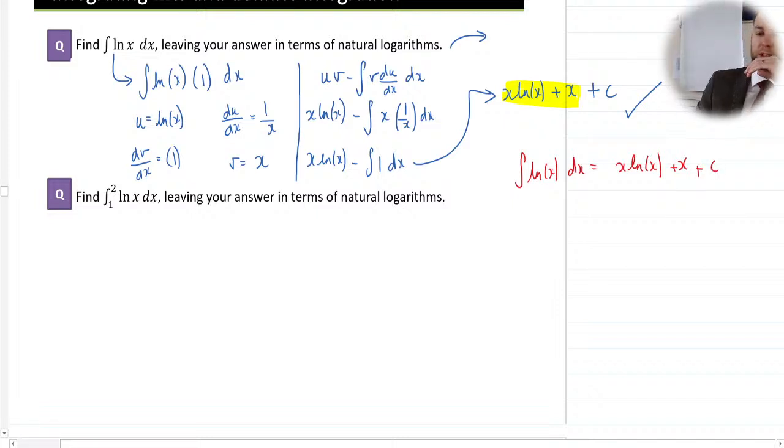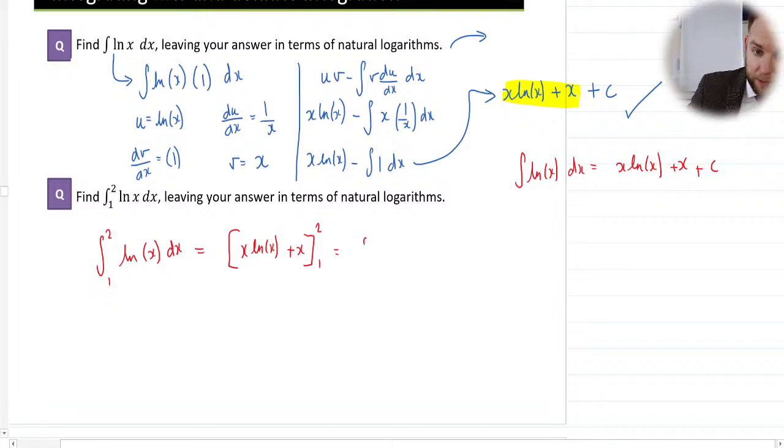That's the integral of ln x. So if I'm doing this one here, the integral between 2 and 1 of ln x with respect to x, you don't need to do this again. You can literally just say that this is equal to x ln x plus x between 2 and 1.